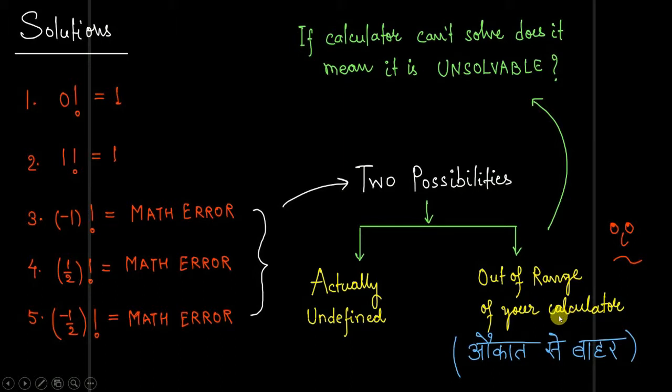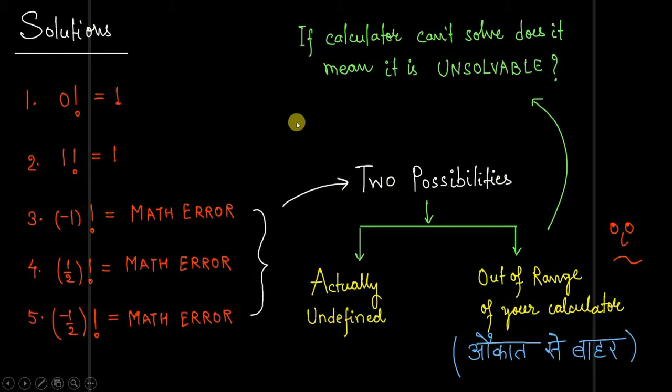What does it mean, sir? See, actually undefined: there are certain things in mathematics which could not be defined. So we use a symbol just like infinity. Do you remember the infinity symbol? The infinity symbol, the inverted 8, that means 8 lying down, has two meanings.